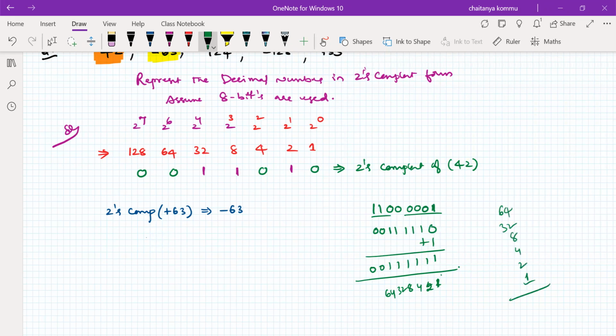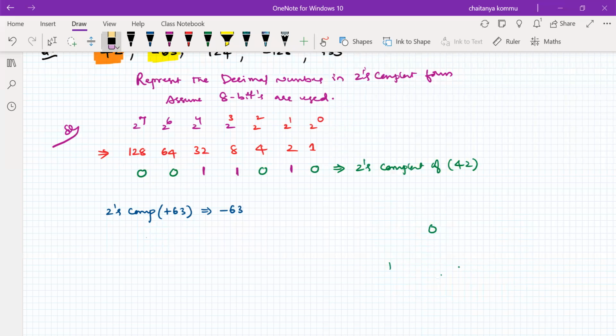What is the value? 121. Okay, something is wrong in it. Minus 63 is represented in another form. So I will do one thing to record this again.